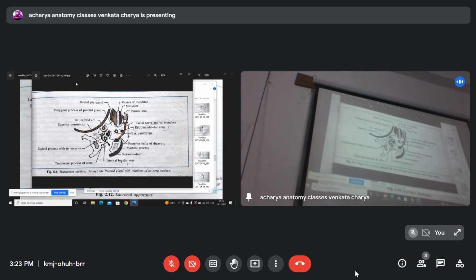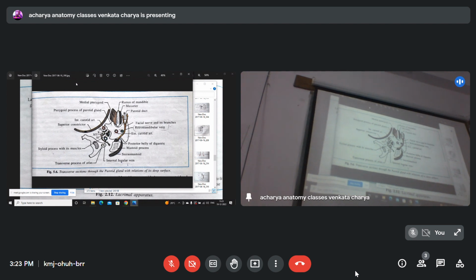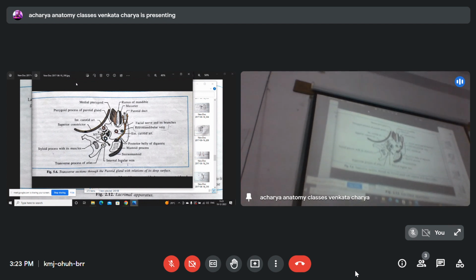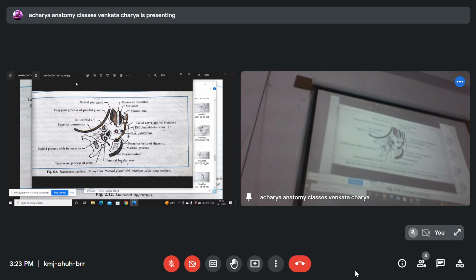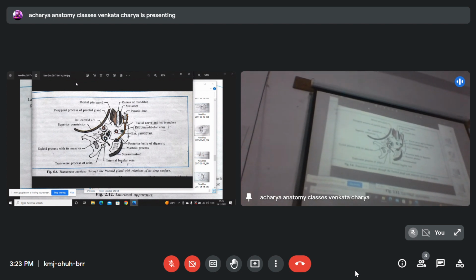Next, sympathetic supply by the upper four segments, and upper four segments means T1, T2, T3, T4.